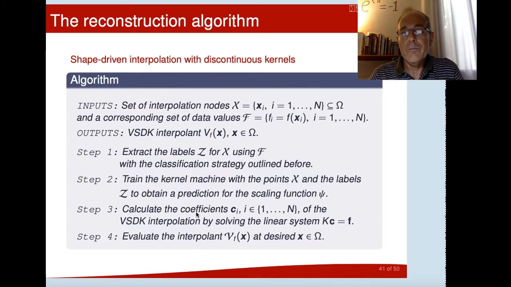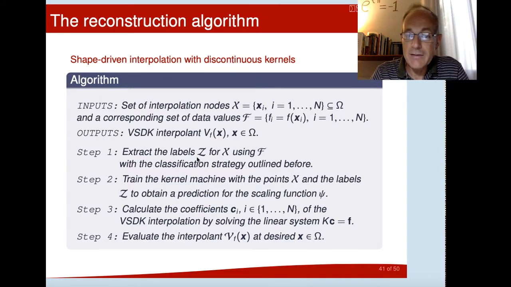Okay, so the reconstruction algorithm, once we are able to classify our function or image, is something that we can call not data-driven, but shape-driven interpolation with the discontinuous kernel. So the input of the problem are the nodes, obviously, at which we sample, and the corresponding values f. Then what we get as output is the VSDK interpolant at every point x of the domain Omega.